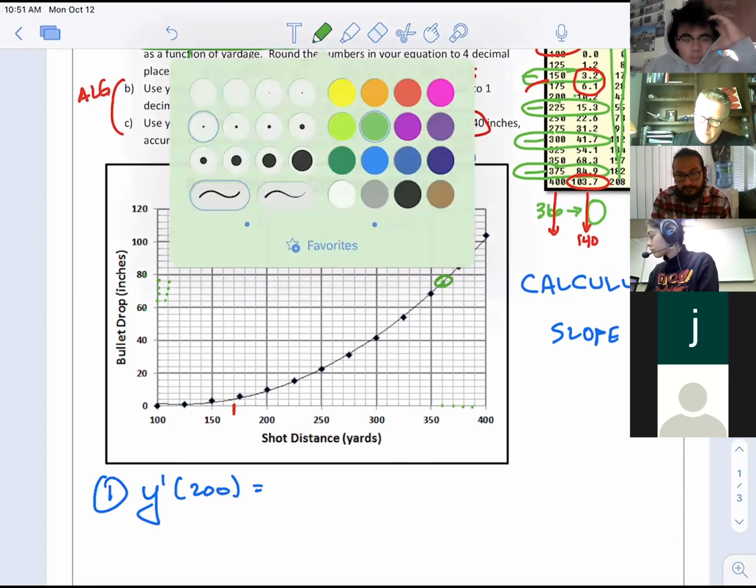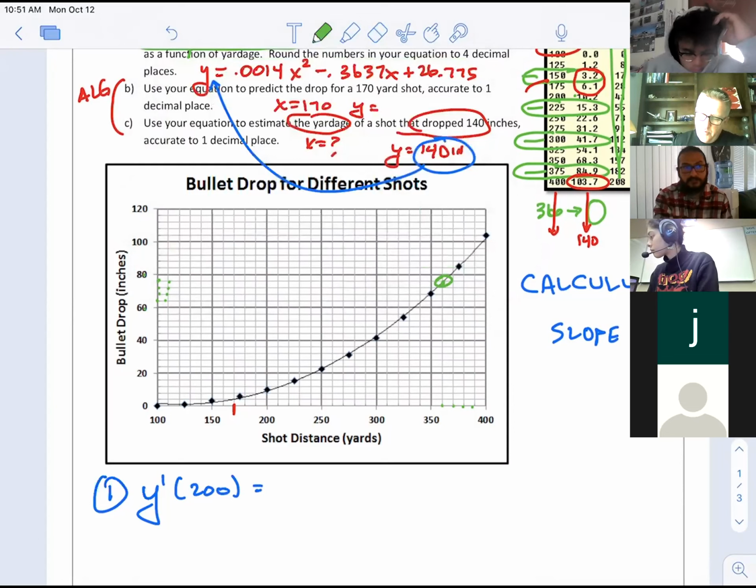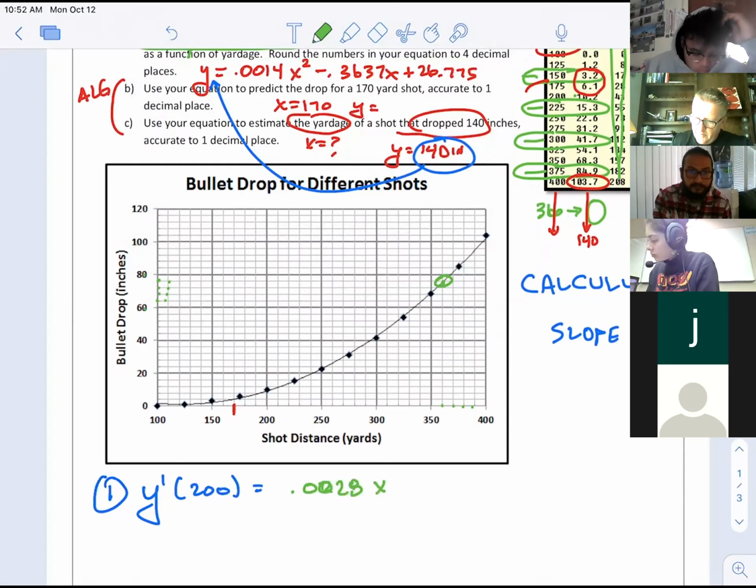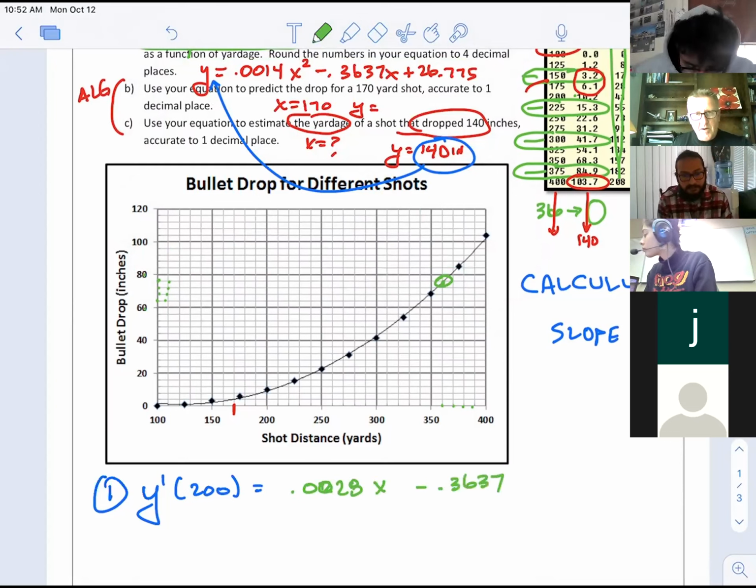So I'm going to catch up to you. Power rule says multiply the 0.0014 times 2. So that'd be 0.0028. And then the derivative of a constant times x is just the constant. So that'd be 0.3637. So there's my slope equation.